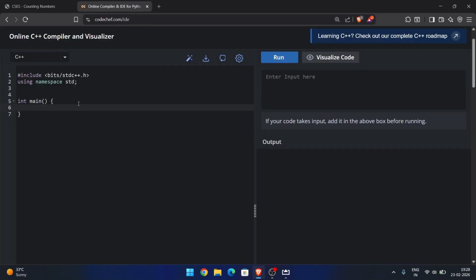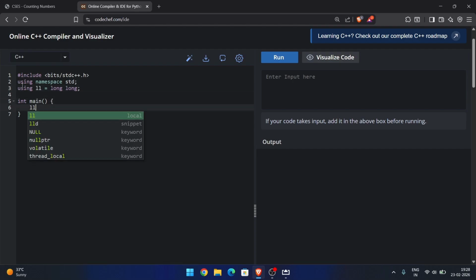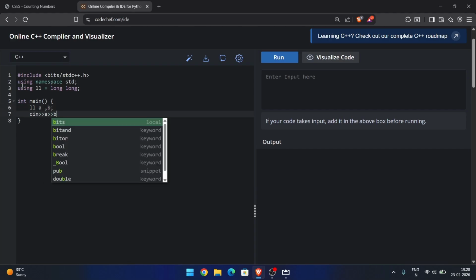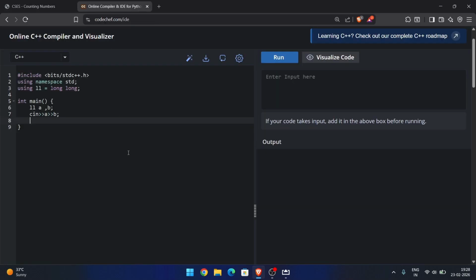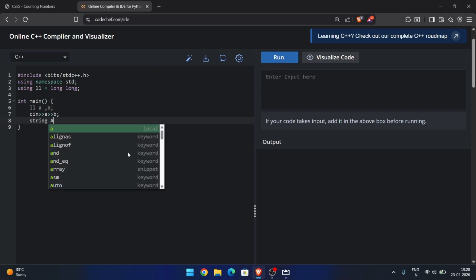Okay, what we have to do? Let's define. We would convert this into string.